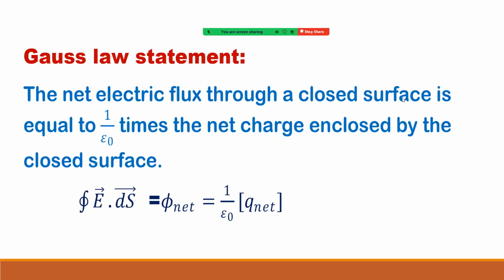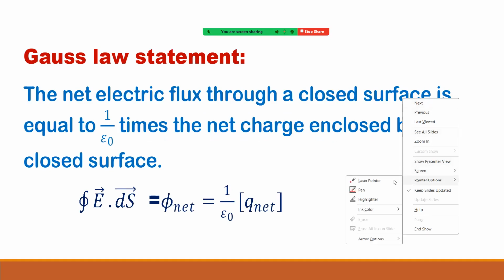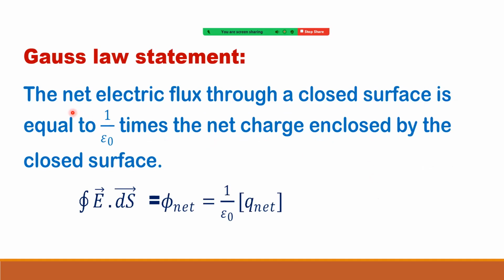First is the statement given here. The net electric flux through a closed surface is equal to 1 by epsilon naught times the net charge enclosed by the closed surface. So closed integral E bar dot dS bar equals net charge upon epsilon naught. This is the net charge inside.